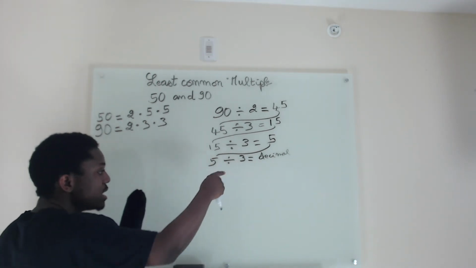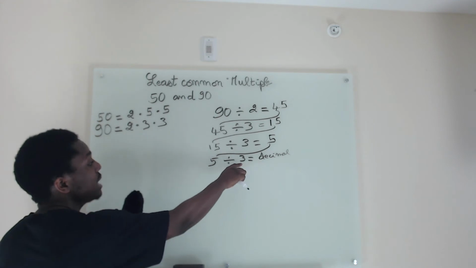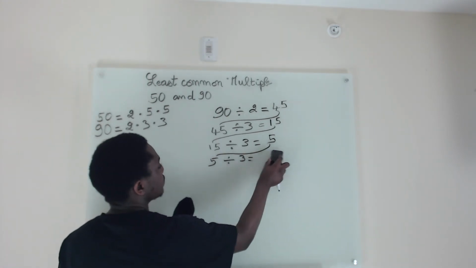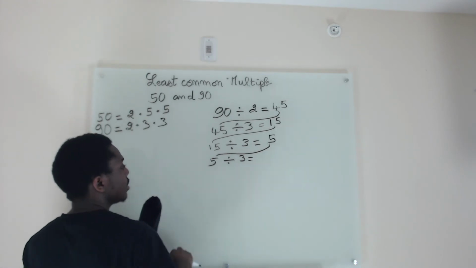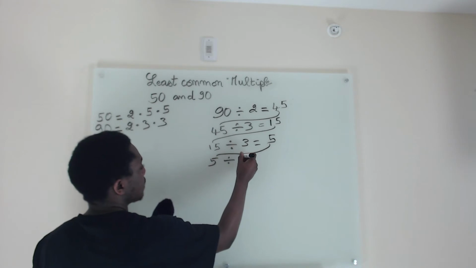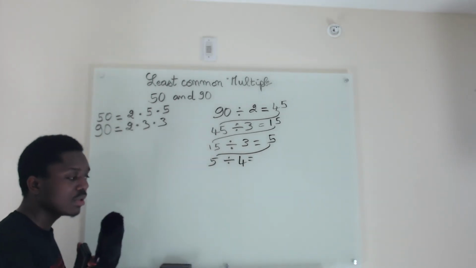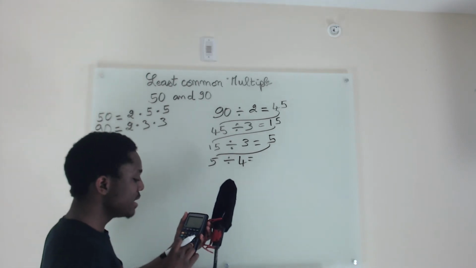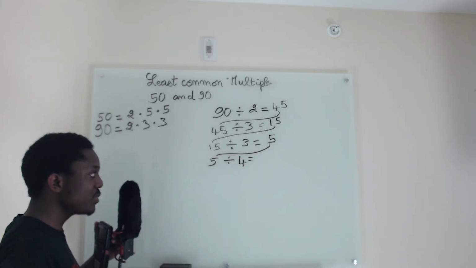So I have to change it to what? To the number that comes after 3, which is what? 4. So now I put the number 4. So I take my calculator again and I put 5 divided by 4. The answer is what?